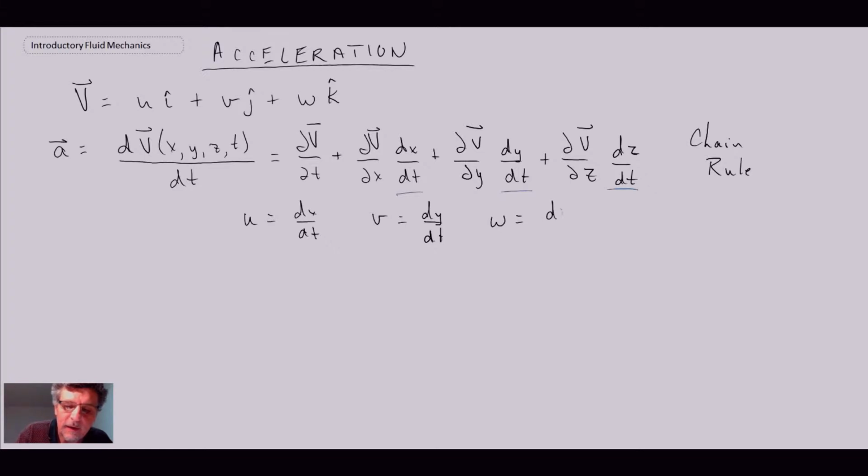and finally w is dz by dt. So what we can do is rewrite the acceleration in two different components. We have the velocity vector with respect to time, and then we have this other component which consists of the velocities.